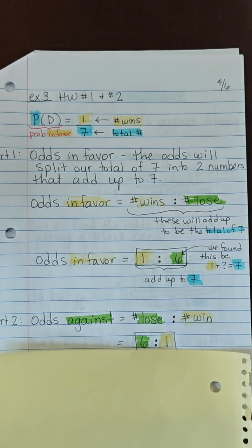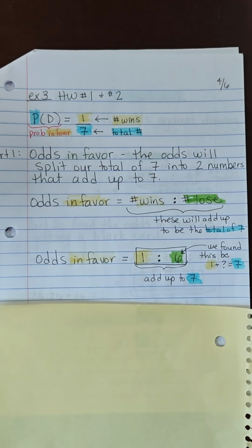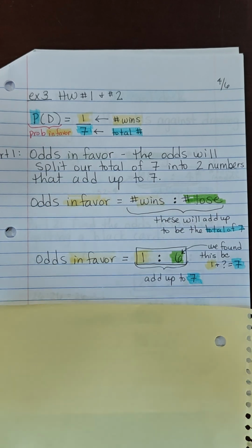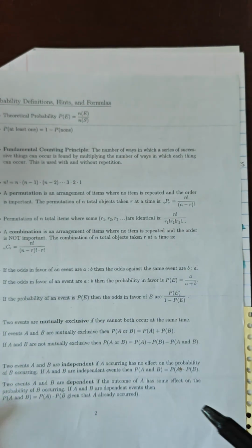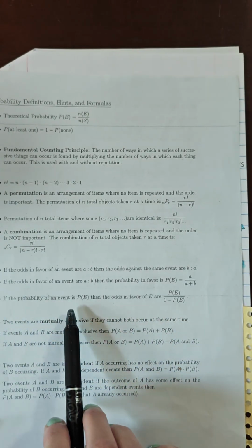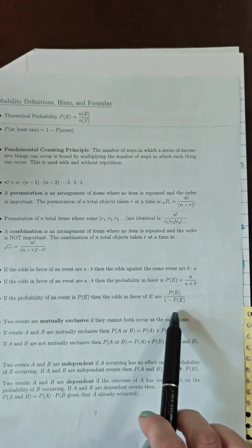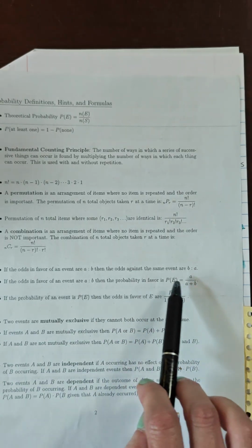Now, I'm taking a slightly different approach than Alex is with these. Alex takes a more formula approach, and I put this on the formula sheet even though I really don't like it. If the probability is the probability of E, then the odds in favor are given by this formula. I find it way too convoluted.